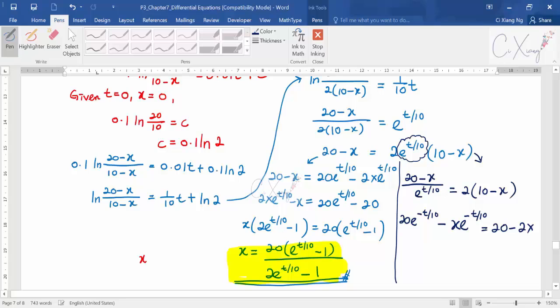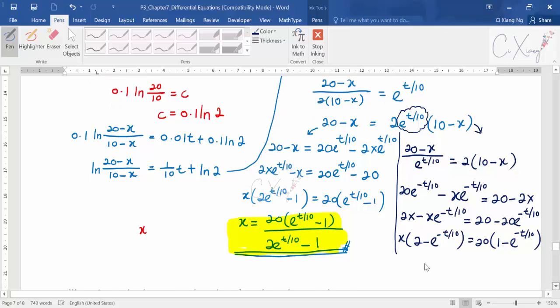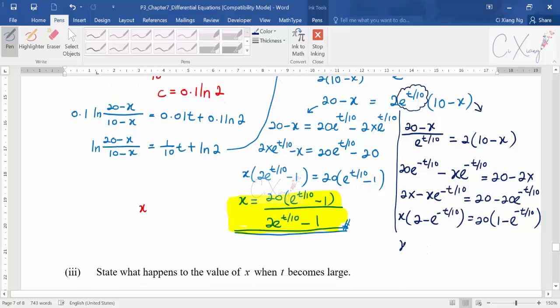All right, so again, I still want to keep all the x on the left hand side. Okay, then I can take out the x. That equals 20(1 - e^(-t/10)). Then eventually my final answer should be 20.